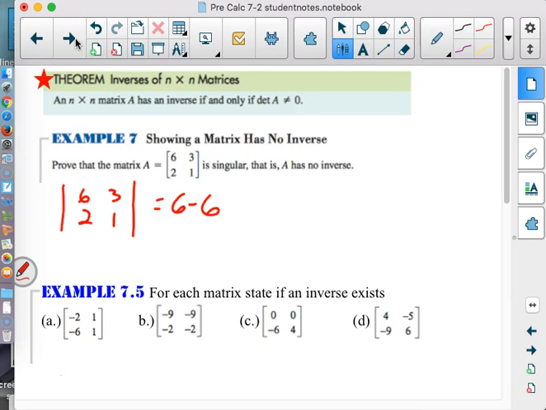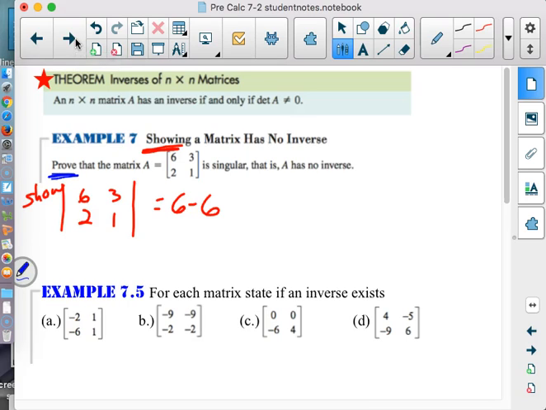Now, this was showing a matrix has no inverse. Now here, it says prove. So that's not enough if we want to prove this, because when you prove something, what you're doing is you're using things you know from the past to show that something's going to work or not work.